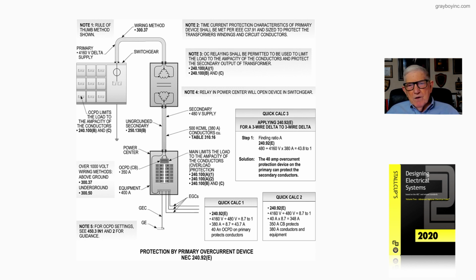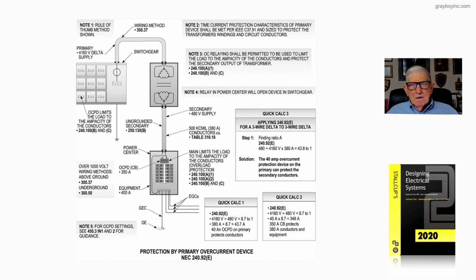So the solution is that the 40 amp overcurrent protection device on the primary can protect the secondary conductors. By applying all the requirements in 240.92(E), the secondary side conductors could be any length as long as you apply that.